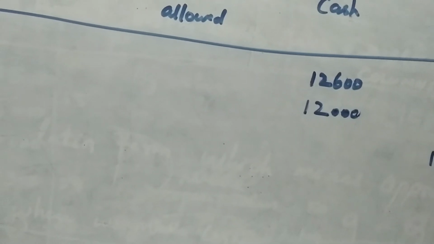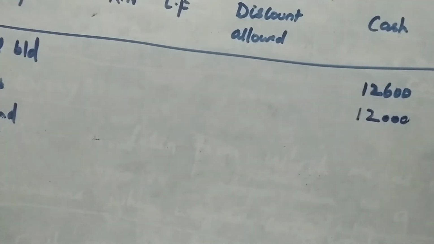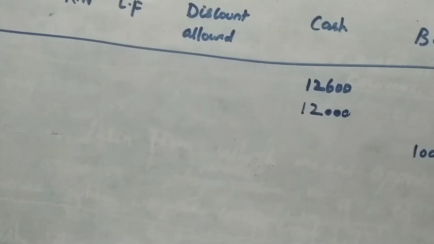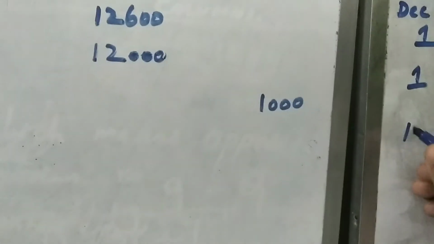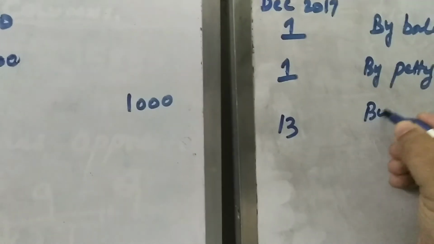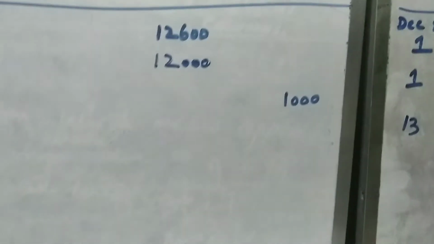The next one, on 13th, cash paid into bank. I told you this is a contra entry. Cash paid into bank. So on 13th, first I will write by bank. What is the amount? 10,000.